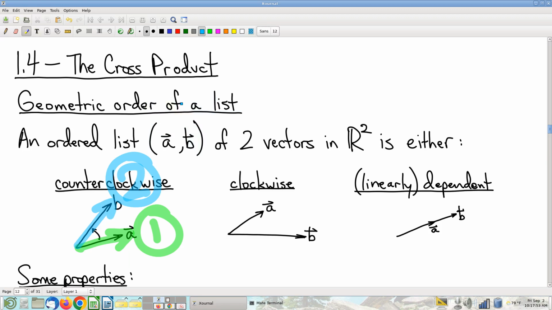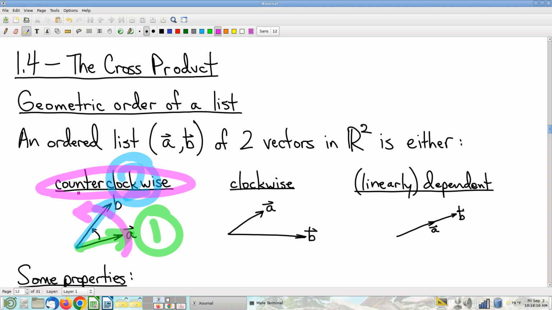If you think about it, first, second, kind of suggests that we're going in a counterclockwise order. So this ordered list, A comma B, where this is A and that's B, that's what I'm going to call a counterclockwise order.